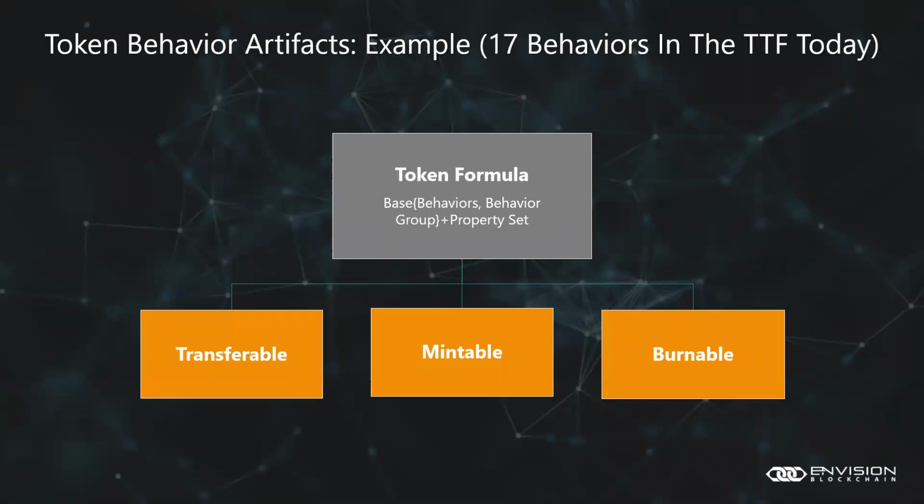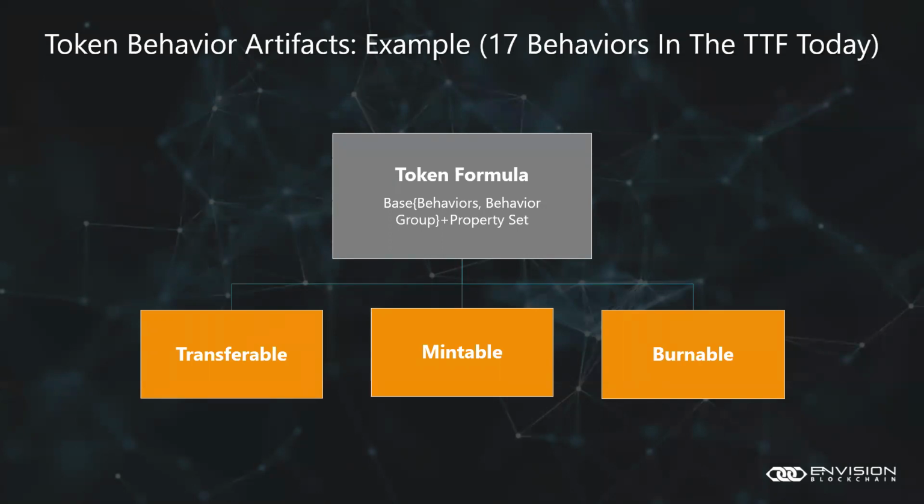At the beginning of the presentation, we went into the concept of understanding tokens in the physical world, where if an individual has a $1 bill, they have the ability to transfer that $1 bill to another individual. That's a behavior property that tokens can also have. And that's what we call transferable as per the token taxonomy. Likewise, mintable and burnable.